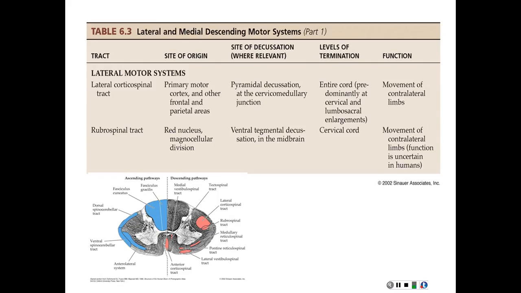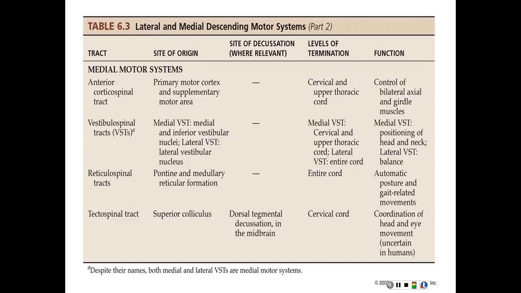How about for anterior corticospinal? And we'll stop there. Anterior corticospinal. There's its name. Anterior, relative position in the spinal cord. Corticospinal, cell body is in the cortex, terminates in the spinal cord. Where are these neurons found? Primary motor cortex. Great. Site of decussation. They don't really decussate, right?